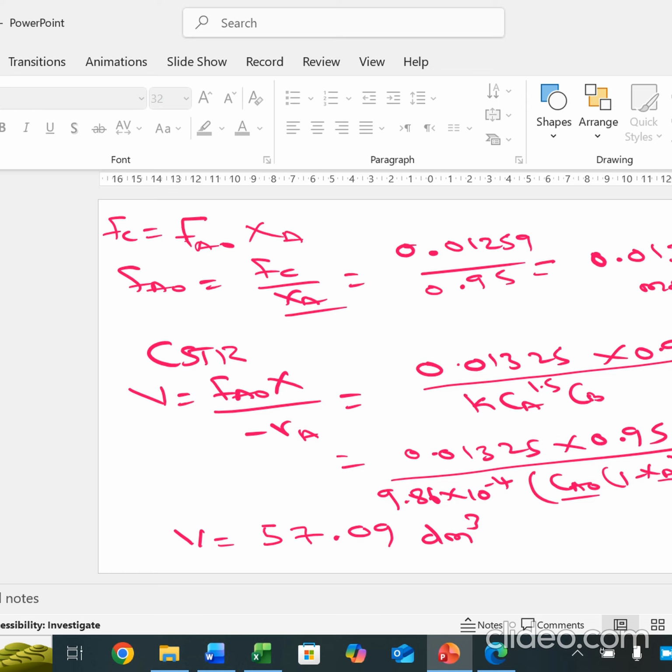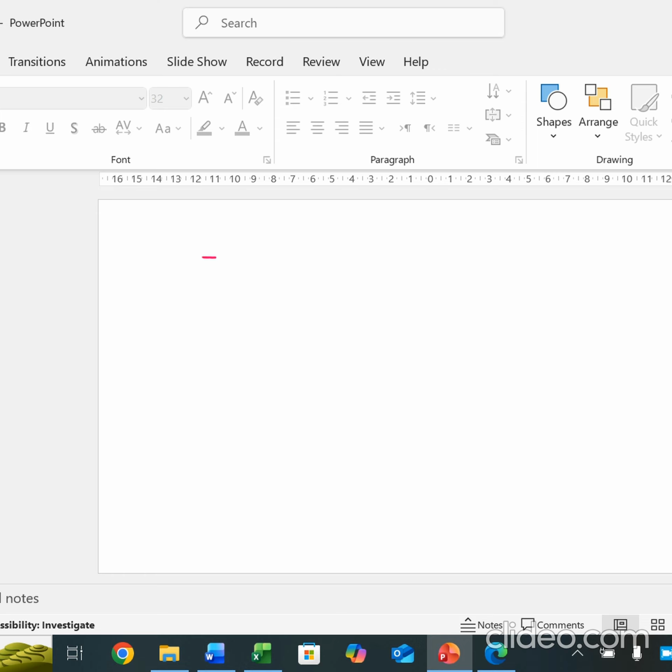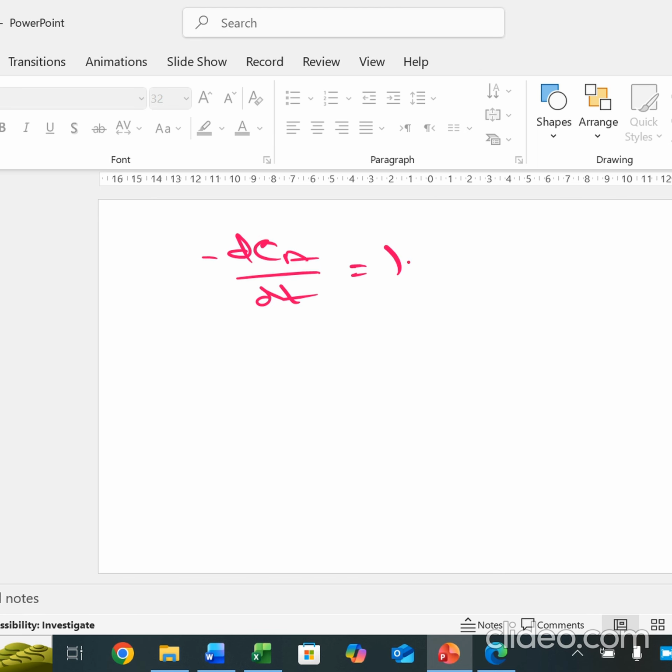Always take note of this. We are unable to directly evaluate our differential term because we don't know the order of reaction. If we had known the order of reaction, let's assume it is 1, that means CA will just come under here, so we have minus dCA/dt equals K prime CA.